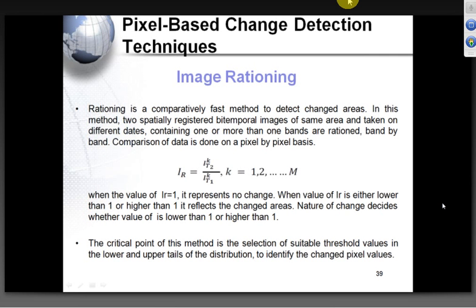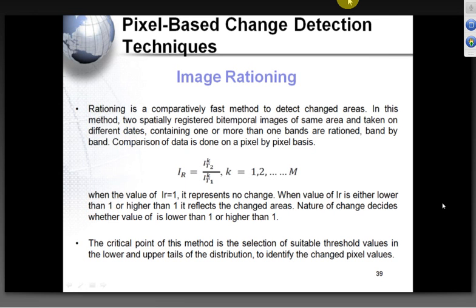Second is image ratioing. It is a comparatively fast method for detecting the changed areas. In this method, spatially registered bitemporal images are taken, and a ratio evaluation is done over these two images.